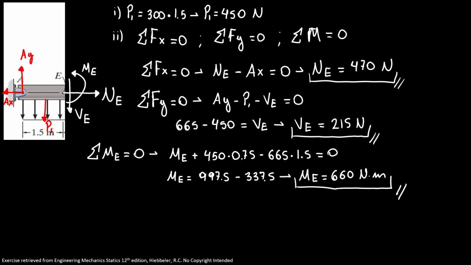Now we're going to finalize the exercise by finding the internal forces at F. Here we have the normal force at F. Now our shear force is up because we are changing the side that we are working on, and the moment goes the opposite way, moment at F. Here we just have our tension, and here is our P2, which is going to be the same value as P1.